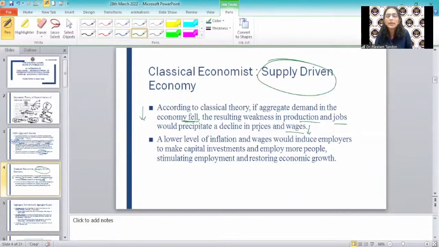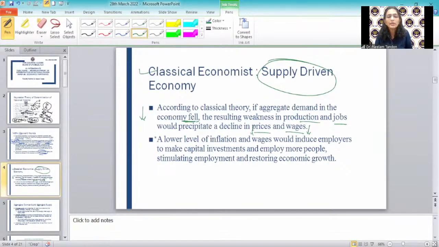And at the same time, because wages reduce, overall prices also reduce because people don't want to buy. So prices are going to reduce and wages are going to reduce when the economy is on the downturn. That is what classical economists believed. And if this is going to happen, what is going to happen? If prices reduce, wages reduce, and the economy is on the downturn, inflation will reduce.